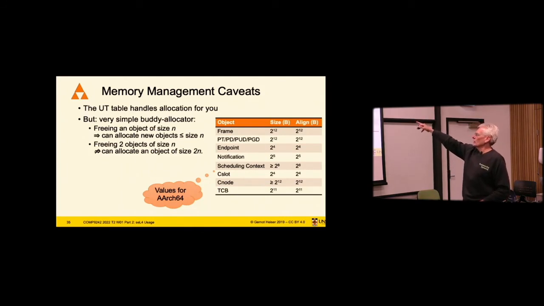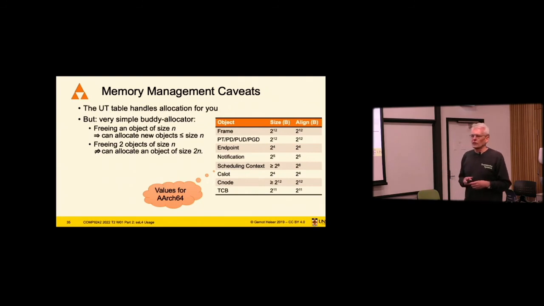Similarly notifications, they're a bit bigger because they have the extra data word. Scheduling contexts are variable size, but unless you get complicated, they're just 64 bytes. A CSlot in a CNode is 16 bytes. The CNode itself can be bigger than a page, so you can have multi-page CNodes, which is not really necessary in your case.